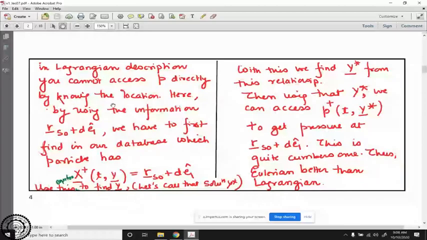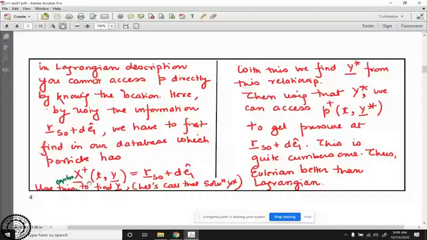So what you will have to do in Lagrangian description, you know that you want pressure at RSO plus dE1, which is the right green particle. You will have to go and first seek solution of this equation, what I have written here. What is this equation?